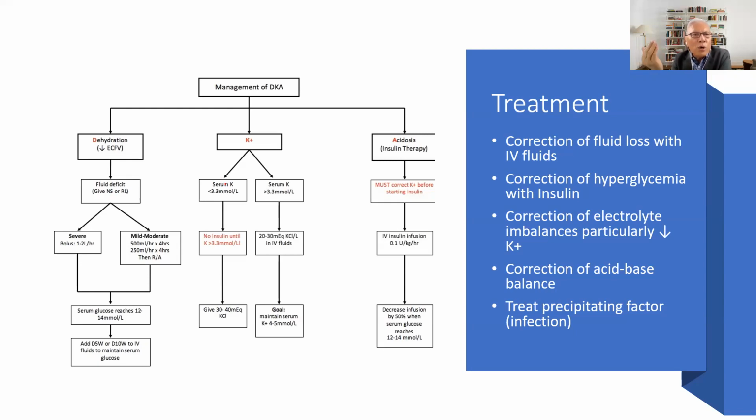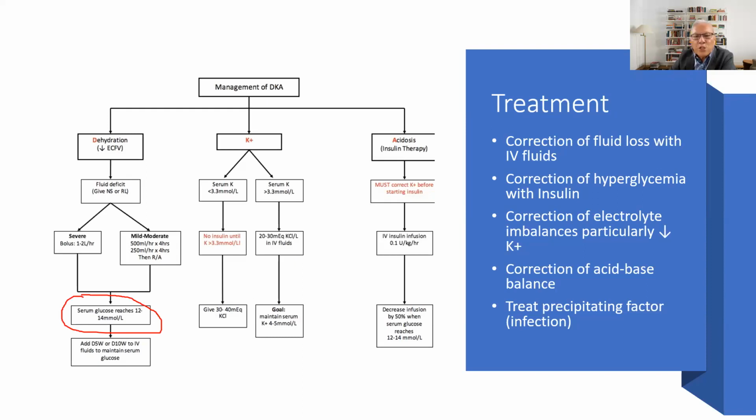And so with dehydration, what you need to do is, of course, give fluids, correct? All right. So we give boluses of fluids. And as you could see over here, it's going to be necessary up to the time that you reach a serum glucose of around 12 to 14 millimoles per liter.